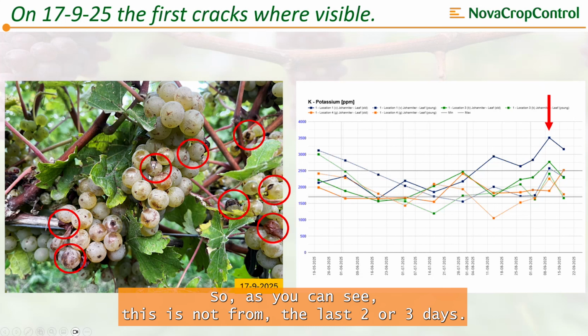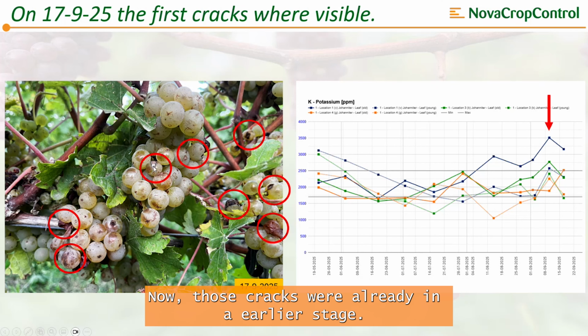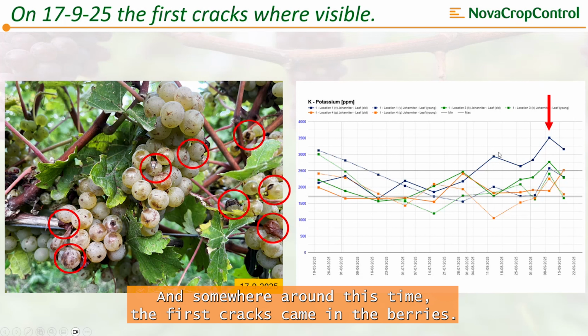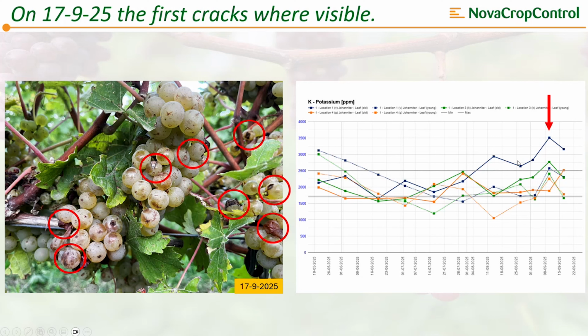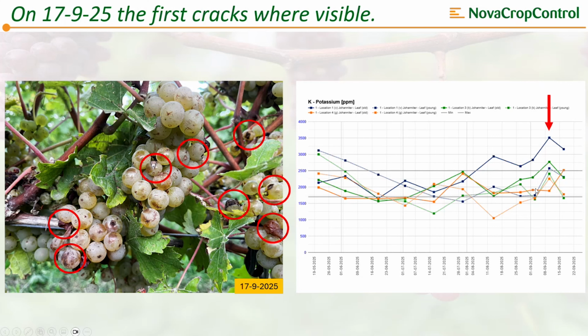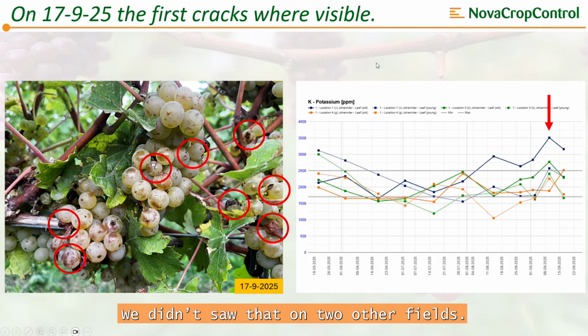And as you can see, this is not from the last 2-3 days. Those cracks were already there in an earlier stage. So basically from the beginning of August, the potassium levels got too high, and somewhere around this time, the first cracks came in the berries. At the moment the potassium levels got too high. And we didn't see that on the 2 other fields.